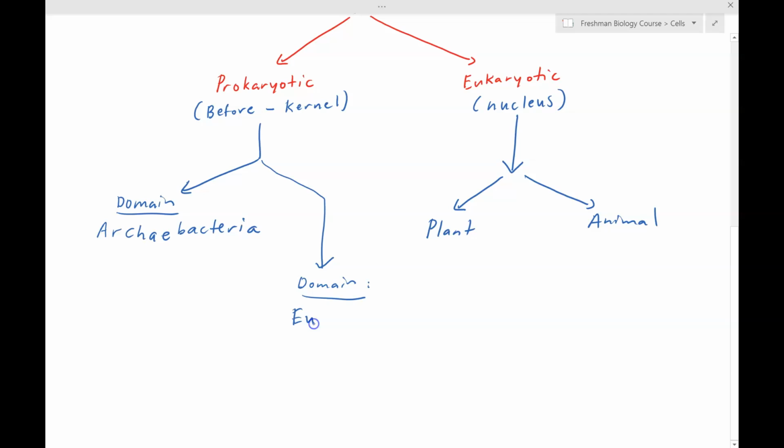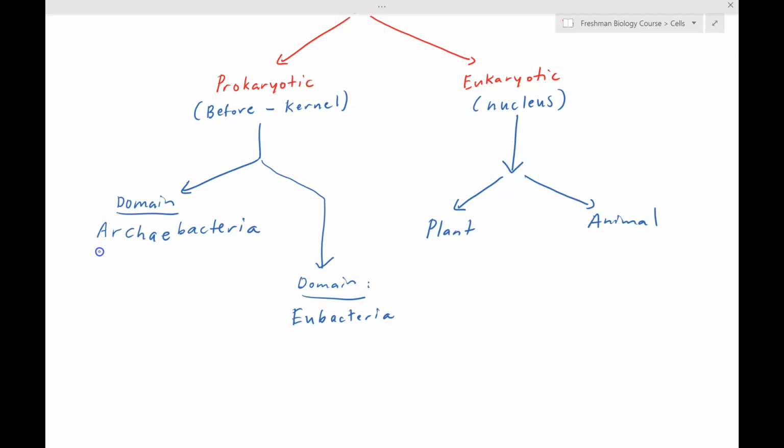This is the closest thing to eukaryotic cells, but obviously they're still in the prokaryotic group. Here would be eubacteria. The Archaeobacteria are going to be things that we find in extreme parts of the world, extreme environments with really high temperature, high salt concentration, a very unique pH, like hydrothermal vents at the bottom of the ocean, places like that.